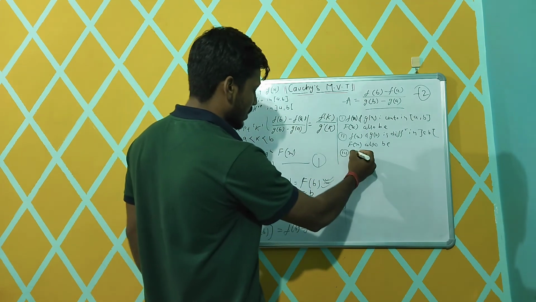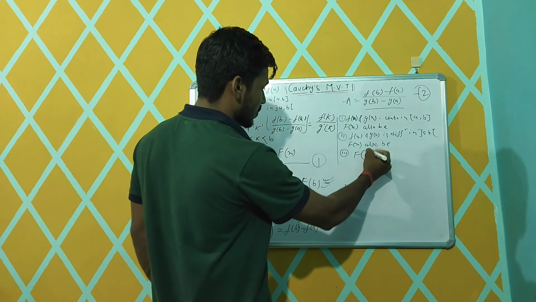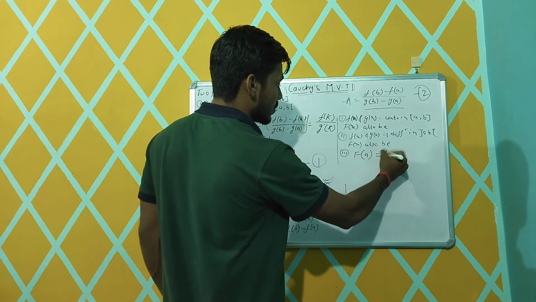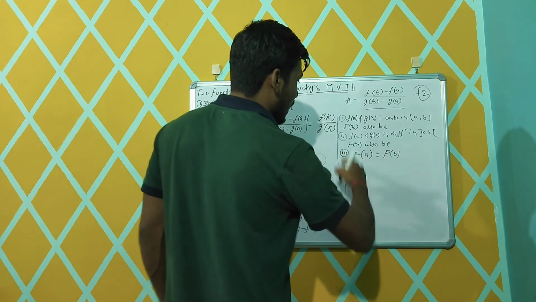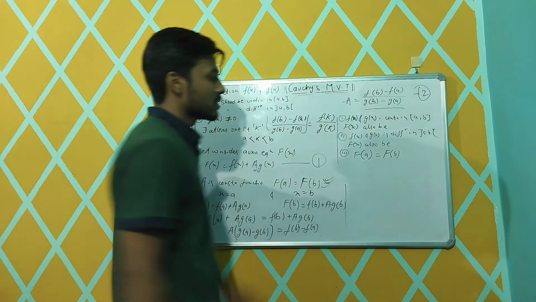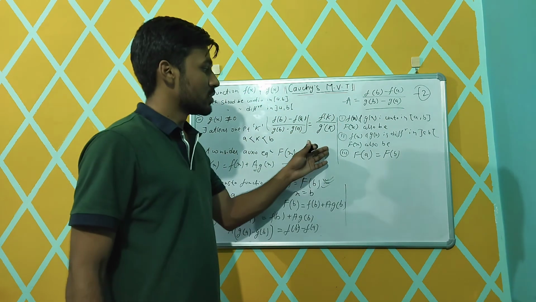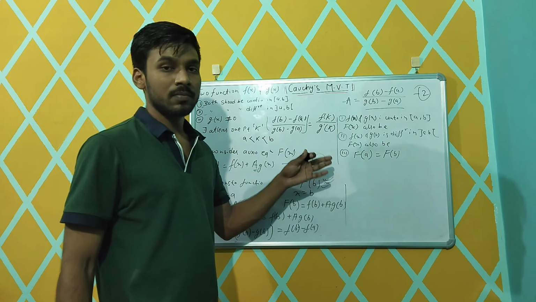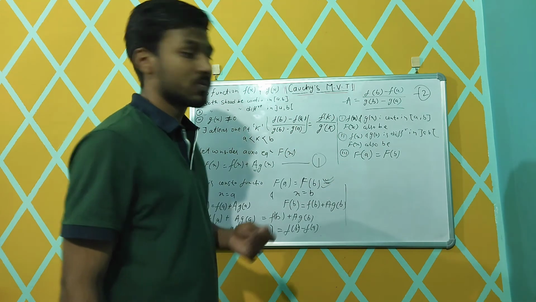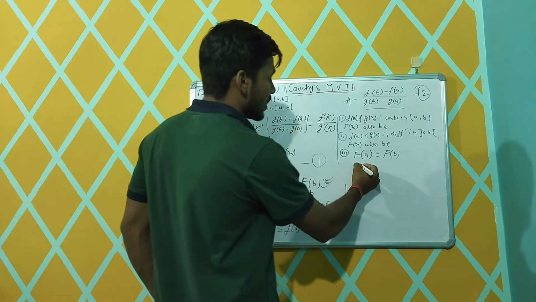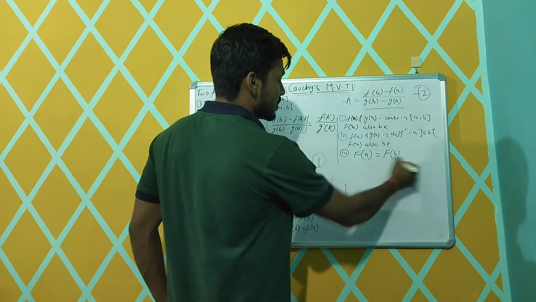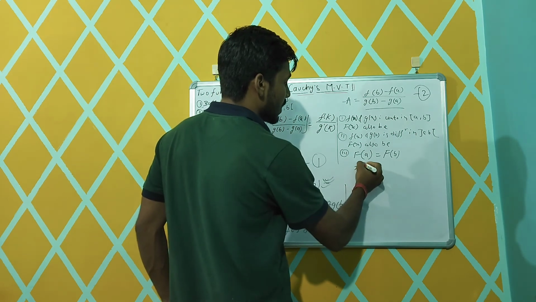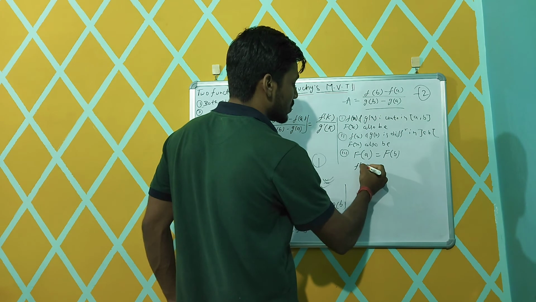The third one is from the constant function, F of a equal to F of b. Here you can see all three conditions are those of Rolle's theorem. So from there we can take a certain point c such that F dash c equals 0.